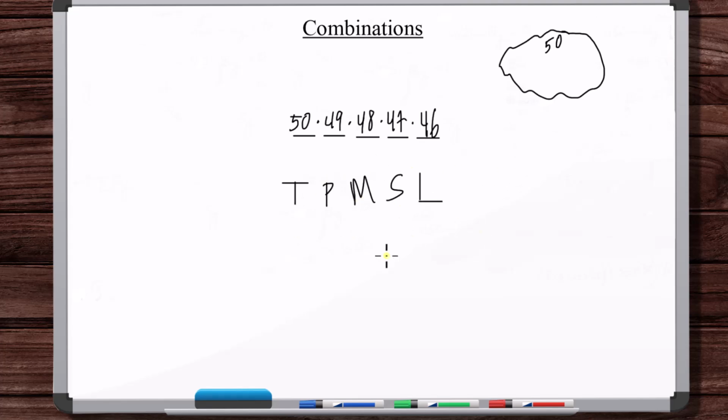We're picking from a group of 5 people for 5 different slots. That's just 5 factorial: 5 times 4 times 3 times 2 times 1. You have 5 options for the first slot, 4 for the second. So if we take this number here and divide it by 5 factorial, then that's the answer we're looking for.